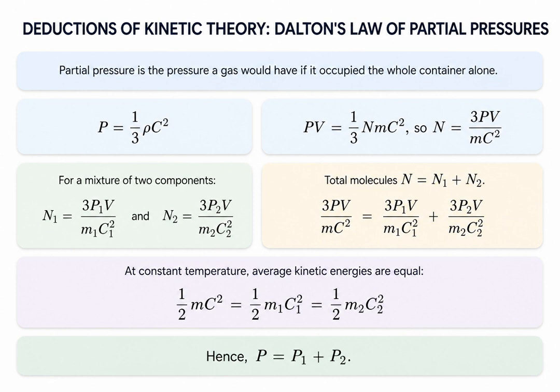For a mixture of two gases in the same volume V, the total number of molecules N is N1 plus N2. Substituting our expressions for N, N1, and N2, we get an equation with pressure and kinetic energy terms. Because the mixture is at thermal equilibrium, the average kinetic energies of all gas types are equal. Canceling out the volume and kinetic energy terms leaves us with the total pressure P equals P1 plus P2.